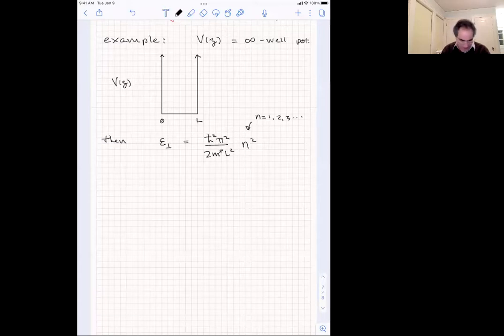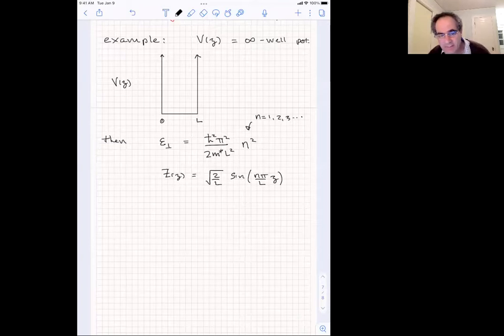Okay? And we even know the wave function, zeta of z. It's just given by root 2 over L times sine n pi over L times z. We know these because we remember them from modern physics.